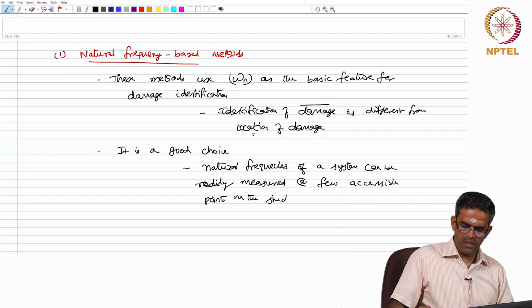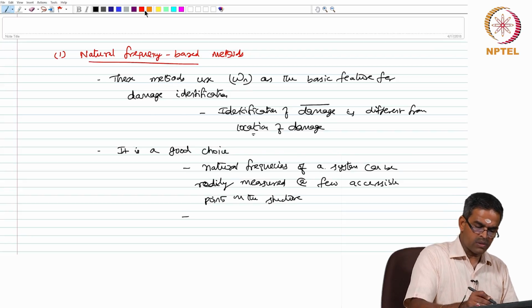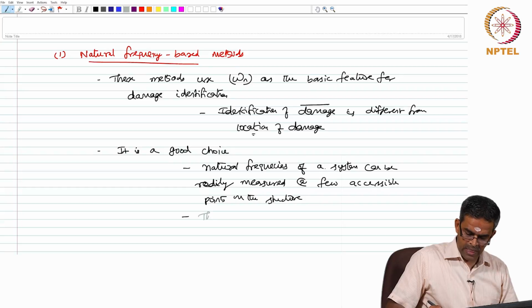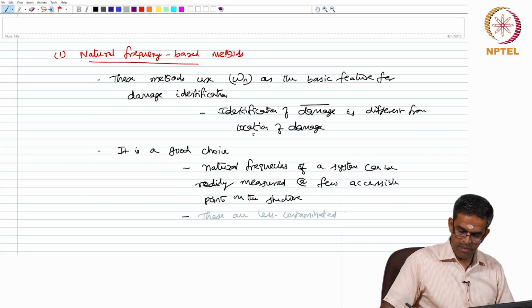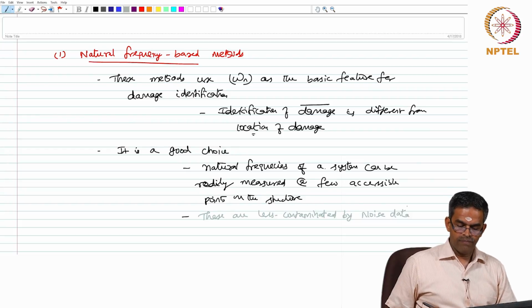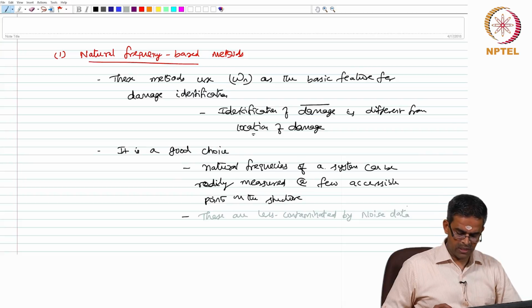They are easily measurable. Number 1, most importantly, natural frequencies are generally less contaminated by other noise data. So, this makes these kind of methods for damage detection more powerful.